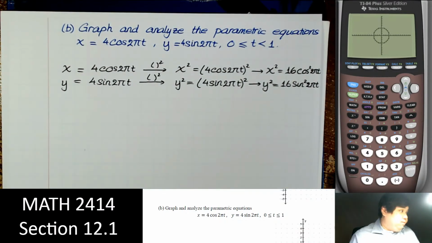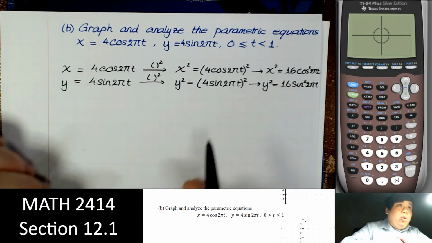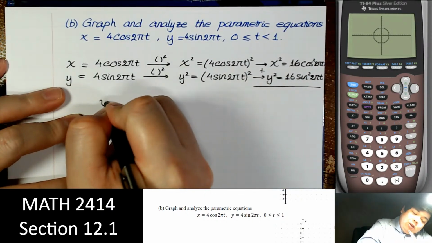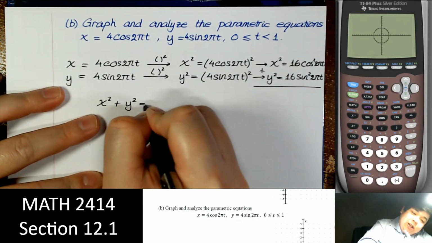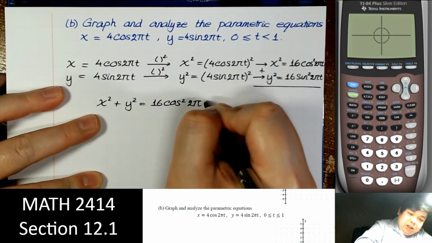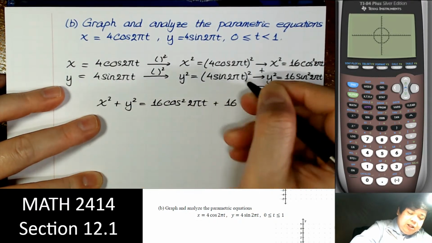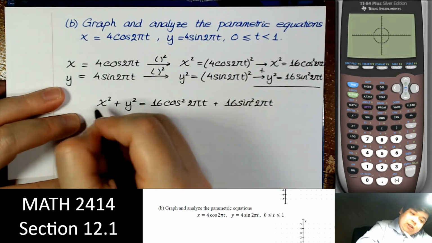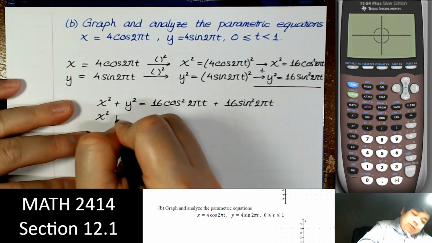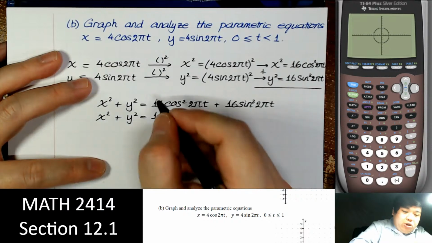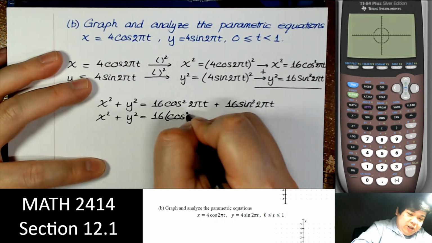Just square both sides. And then when we add side by side, we have x squared plus y squared equal to 16 cosine squared 2 pi t plus 16 sine squared 2 pi t. Factor out 16, cosine squared plus sine squared. Of course, that is 1.